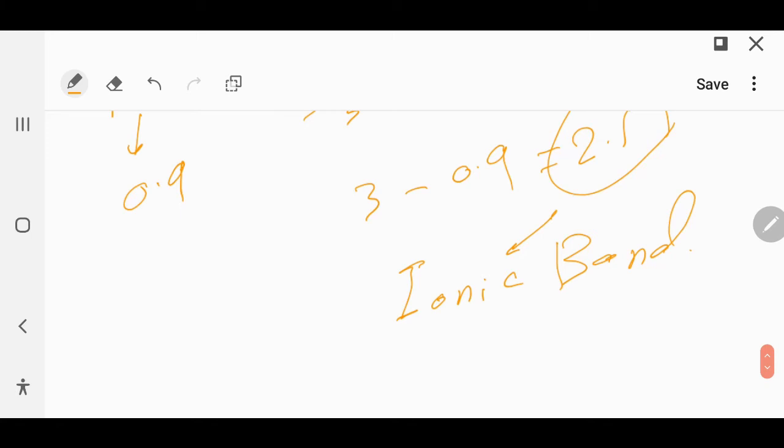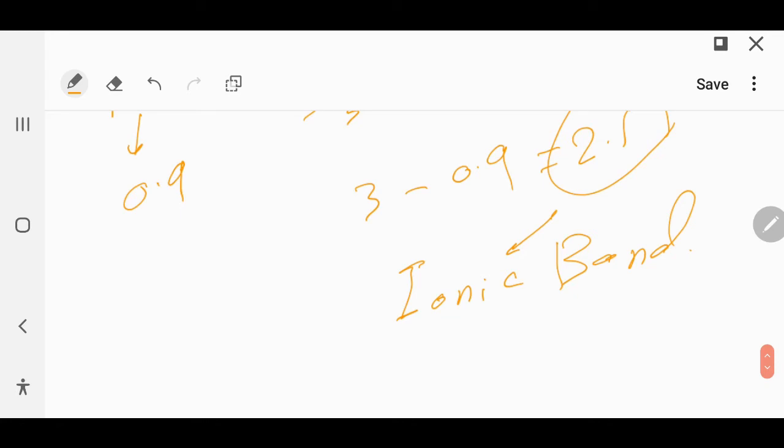So the difference in electronegativity between both atoms will actually be the main factor that will determine the nature of the bond. And here I want you to know that in many cases, we are not talking about specific and fixed numbers.